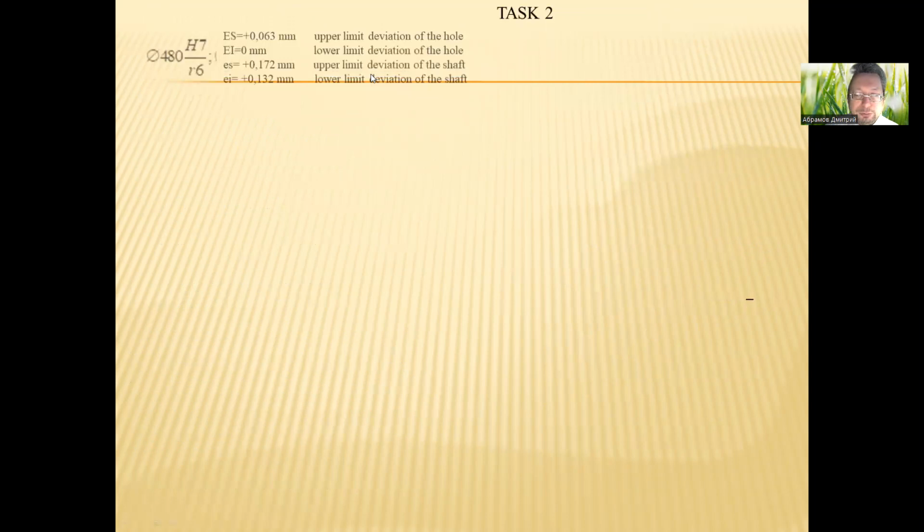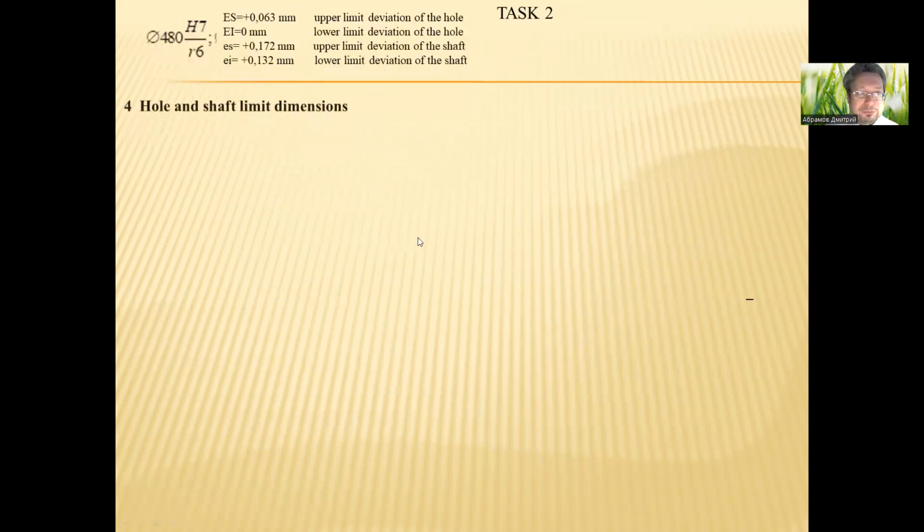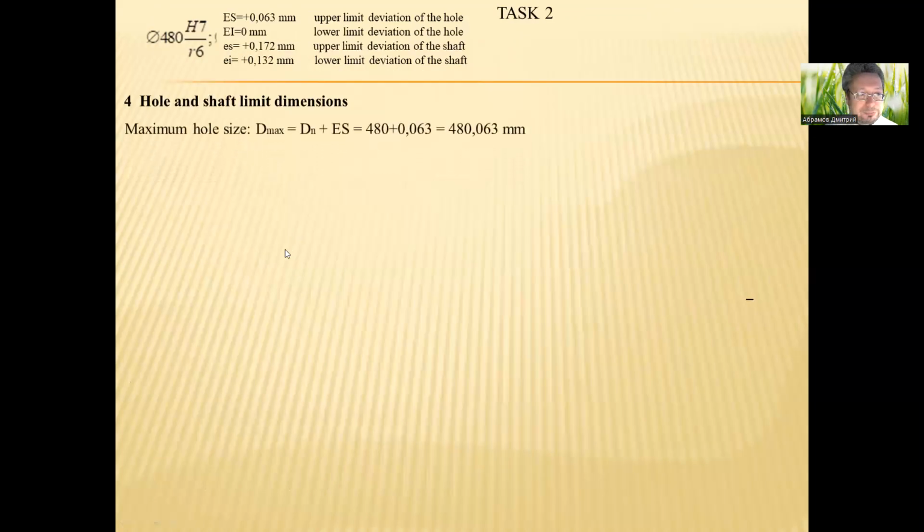We continue task 2. Solution of task 2 for hole and shaft limit dimensions. Maximum hole size, D maximum, is equal nominal diameter plus upper limit deviation of the hole. Minimum hole size is nominal diameter plus lower limit deviation of the hole.